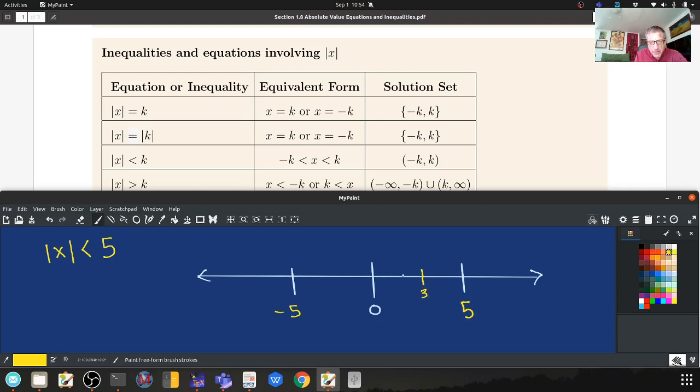The absolute value of 3 is certainly less than 5, and the absolute value of minus 3 is certainly less than 5. And the same is true of any number that I might choose, getting closer to 0, including 0 itself. The absolute value of 0 is 0, and that is certainly less than 5.